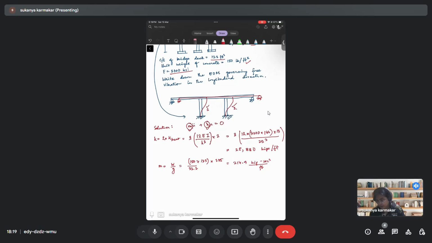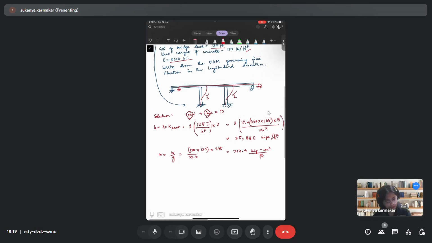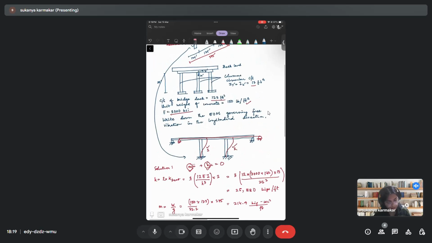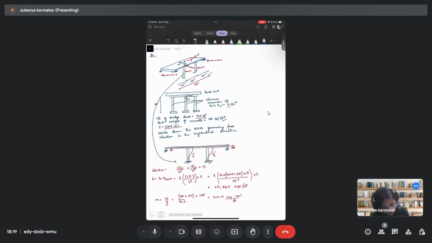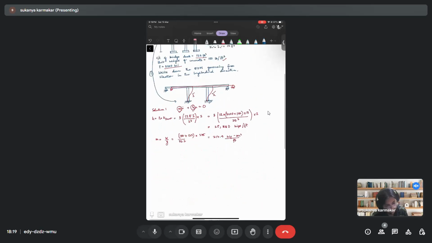Now for this 3-span box girder, next I want you to determine the natural circular frequency, the natural cyclic frequency, and the natural period of vibration for the longitudinal motion. So this was the first part of the question.